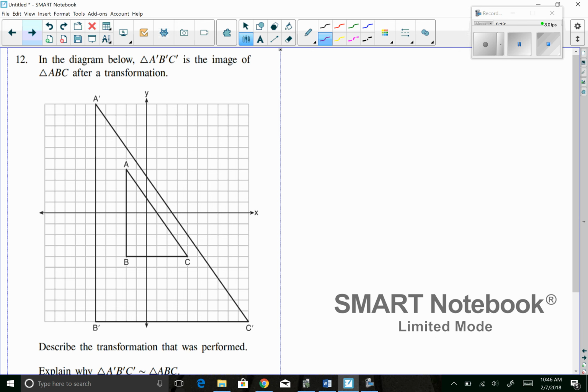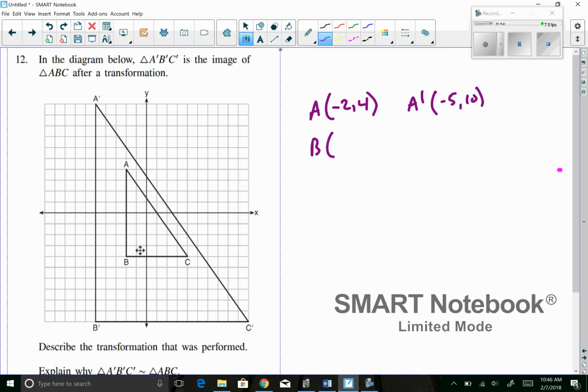The next part here asks us to describe the transformation. So if you look at A, the coordinate is -2, 4. A prime is the coordinate -5, 10.